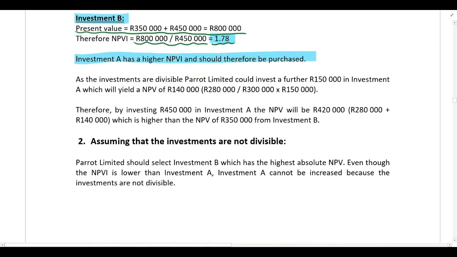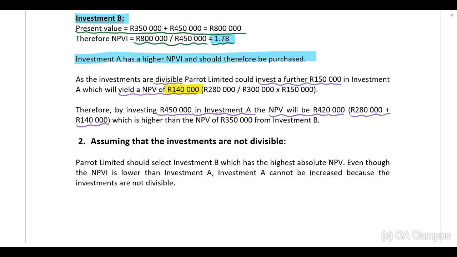So you can see that discussion just below. Because the investments are divisible, Parrot could invest a further 150,000 Rand, which would yield a net present value of 140,000. So if they invest 450,000 Rand in investment A, this will then give them a net present value of 420,000 Rand. The original 280 plus the additional 140,000 from above.